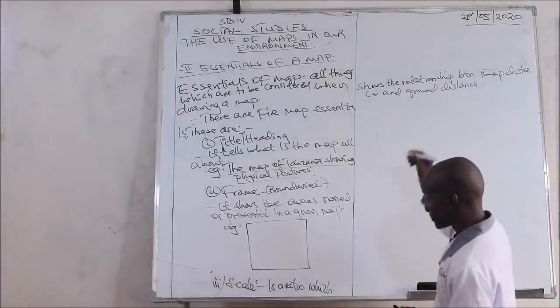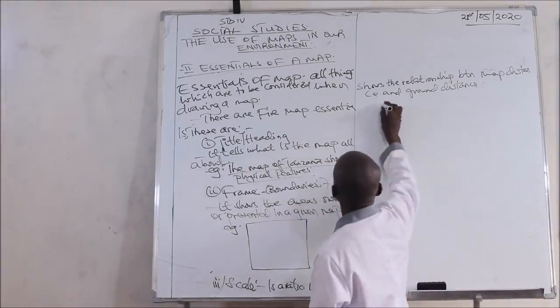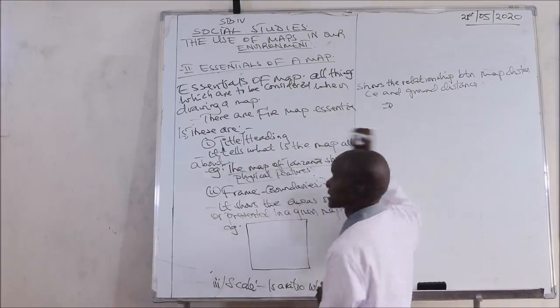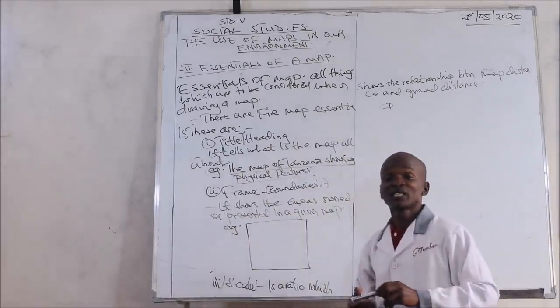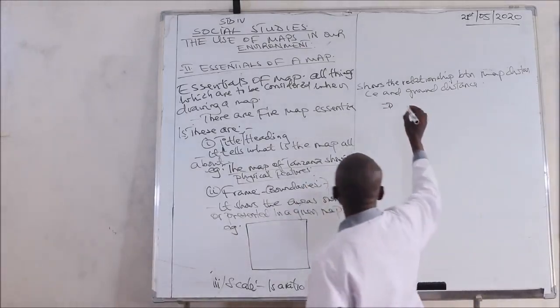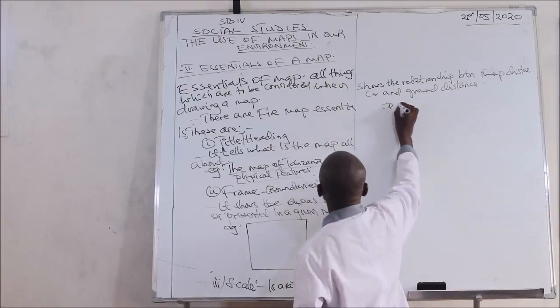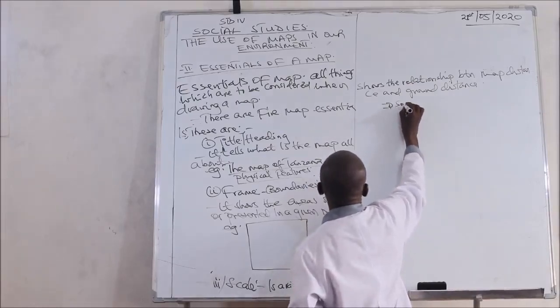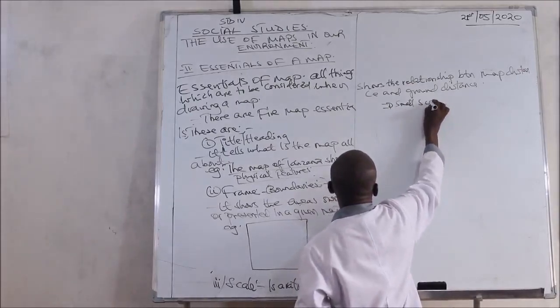Now in this way, in order to make it easy for you to understand, a scale can be categorized into three main sides, whereby we have this one, we call it small scale.